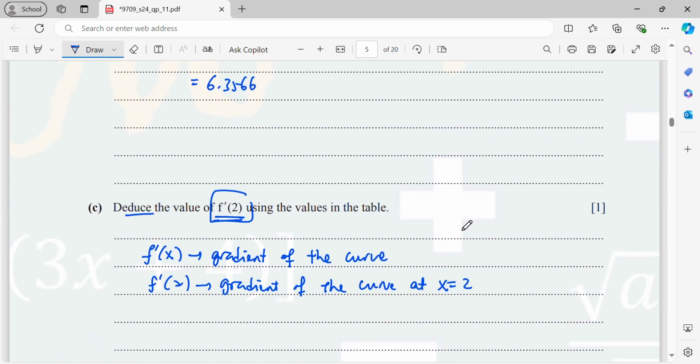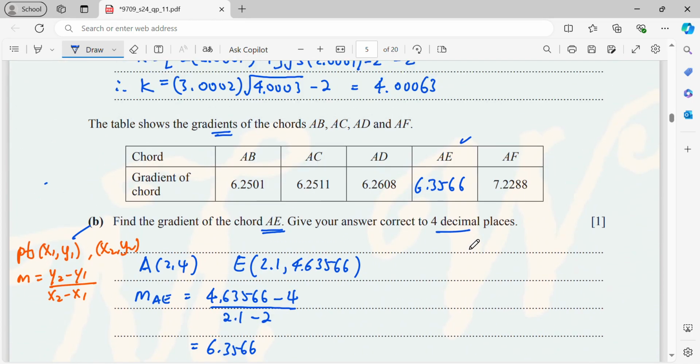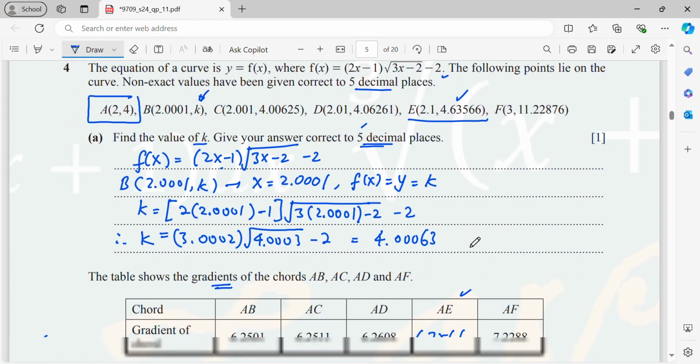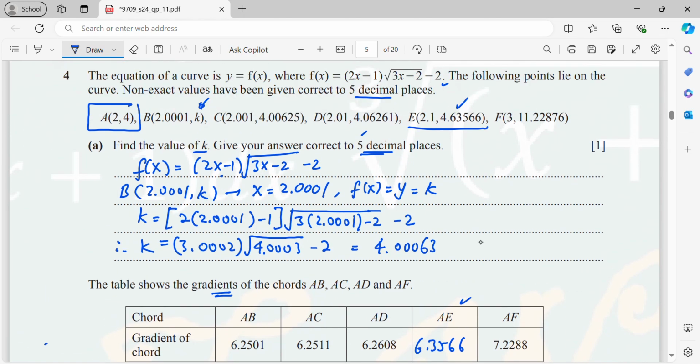Okay, so now refer back to the table. So look at the x values here. The x value for A is 2, B is 2.001, C is 2.001, D is 2.01, E is 2.1. So it is close. Okay, it will be from 2, then you consider up to 2.1.